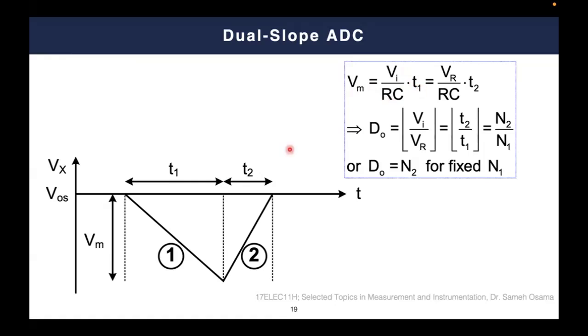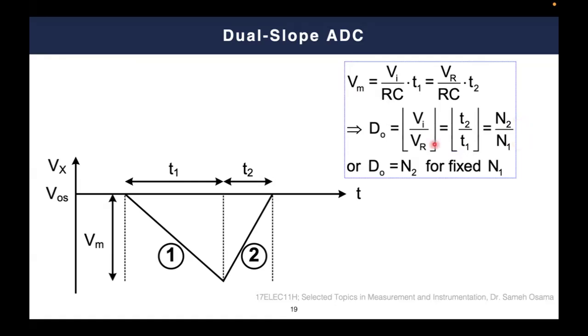And in the same way, if you go to the right-hand side of this right angle triangle, you can say that VM also equals VR over RC times T2. Because both are VM, and of course RC is equal on both sides, we can say that V input over VR equals T1 over T2, or even equals the number of counts N1 over the number of counts N2.